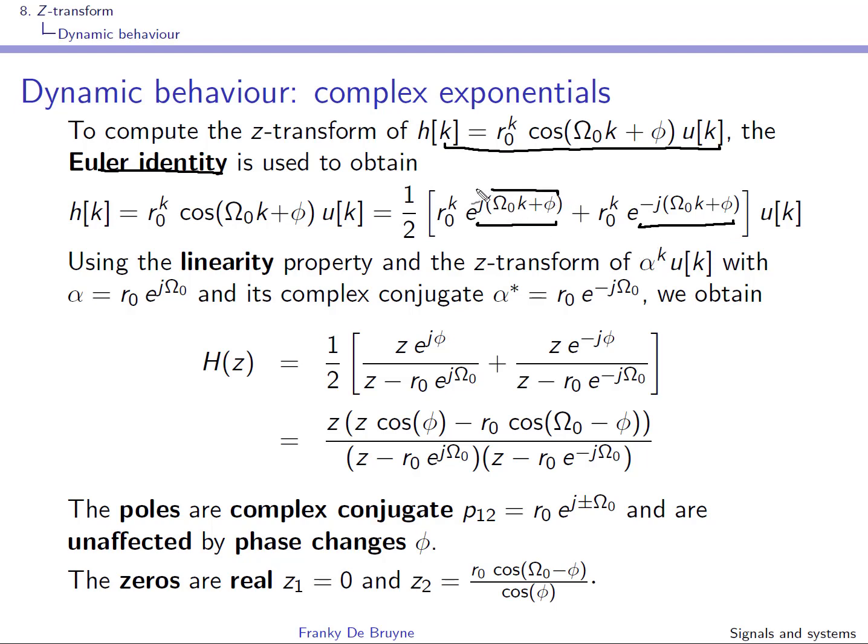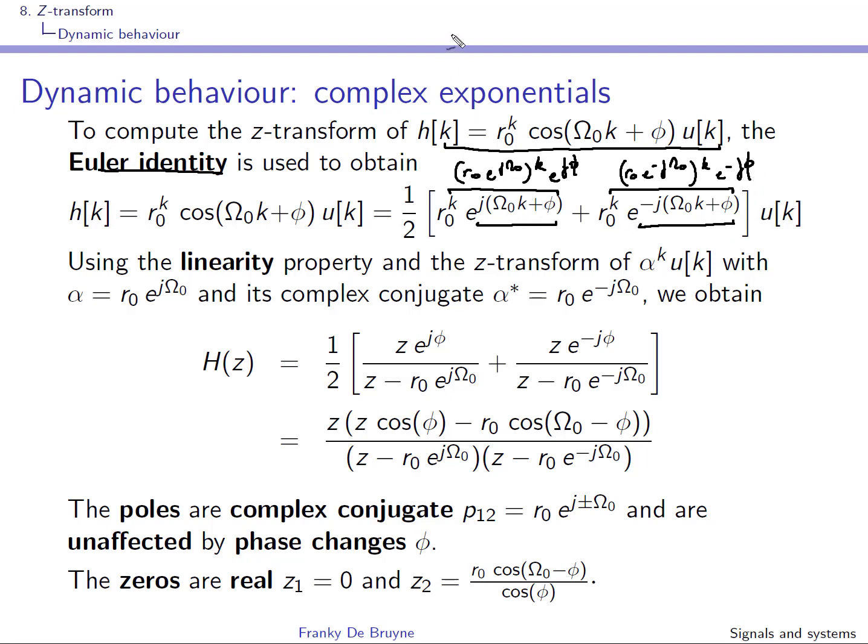This you can rewrite as r0 exponential of j omega 0 k times exponential of j phi, and here you'll have something similar, but with the complex conjugate, it will be r0 exponential of minus j omega 0 to the power k, exponential of minus j phi, right?